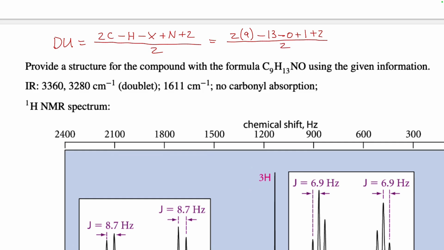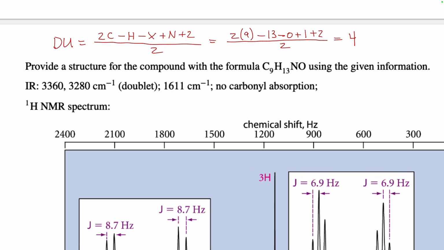So we have an oxygen in the molecule, but we don't need to worry about it because it doesn't affect the degree of unsaturation calculation. So let's do the math. 2 times 9 is 18, minus 13 is 5, plus 1 is 6, plus 2 is 8, divided by 2 is 4. So degrees of unsaturation here are equal to 4.